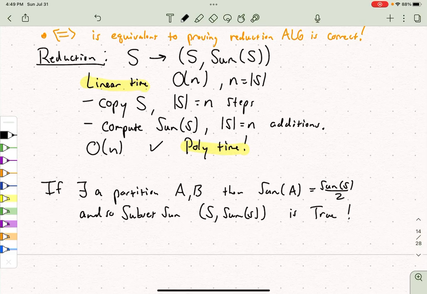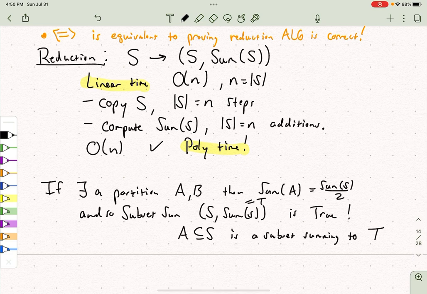Why? Because A is the subset, where this is T. So if there exists a partition, we know subset sum will say true, so that's basically one direction of our reduction, but we also have to check both directions.